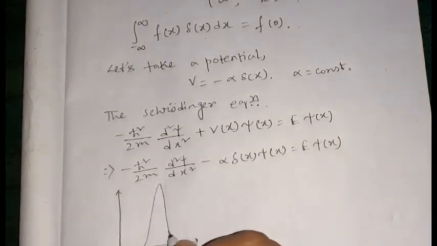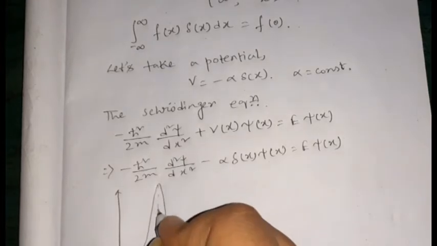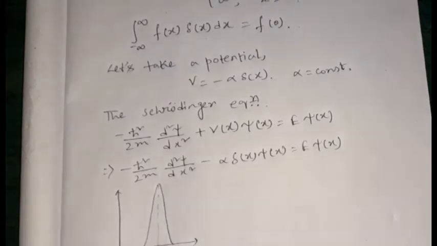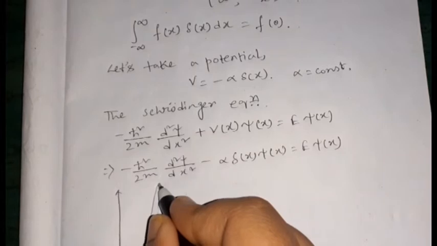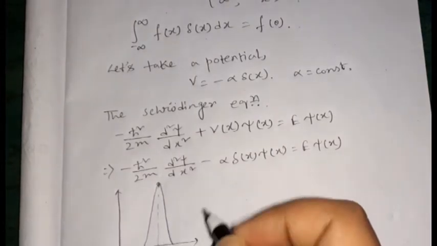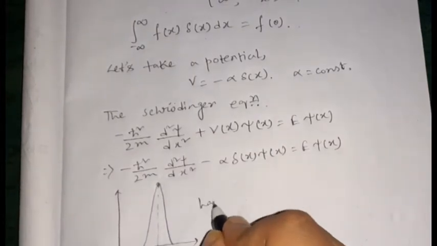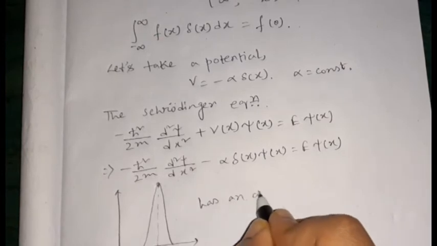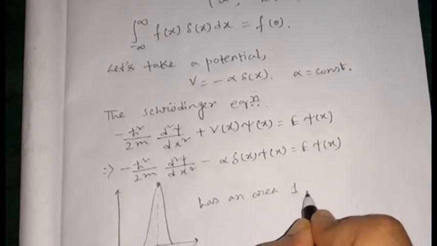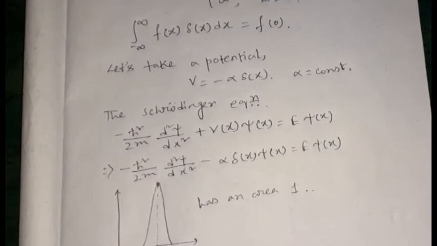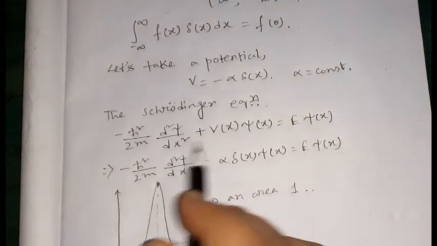At x equal to 0 it is going to infinity, and it has an area 1.